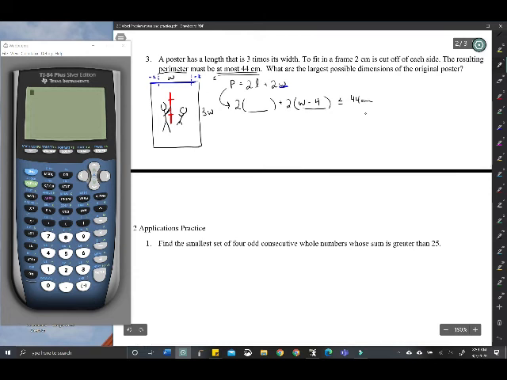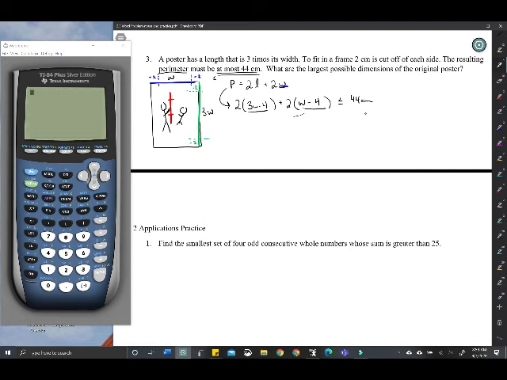Okay, and length and width are interchangeable as far as these go. You could have it in either spot. On the other side, the length is 3W, and again, we cut off 2, and we had cut off 2, so it's 3W minus 4. Getting that out of the way, I think, is really the most challenging part.